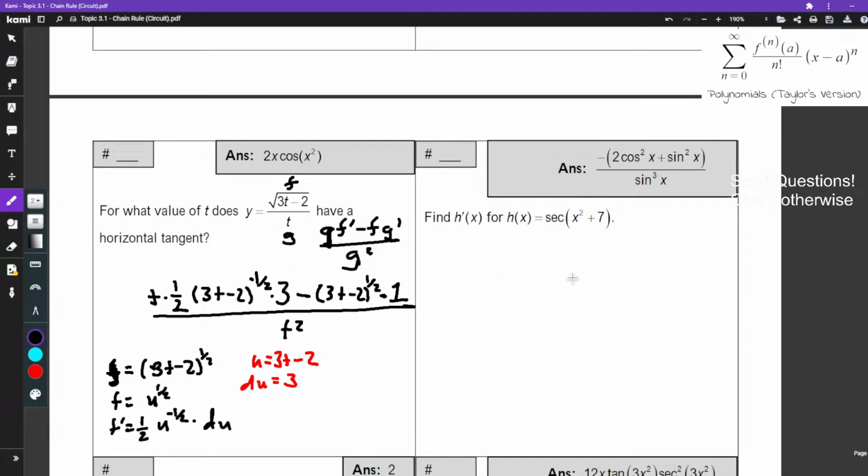So simplifying all of this, I got 3t divided by 2 times 3t minus 2 to the 1/2, minus 1 over 3t minus 2 to the 1/2.